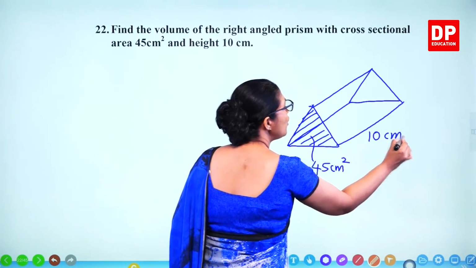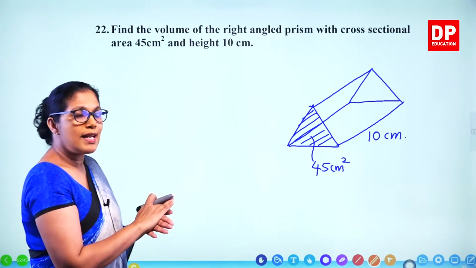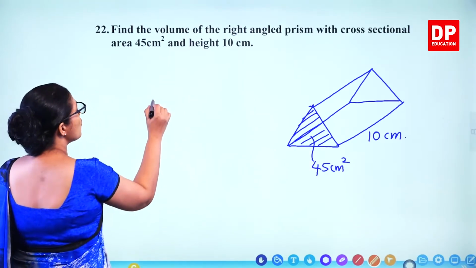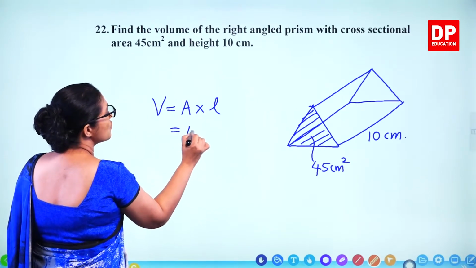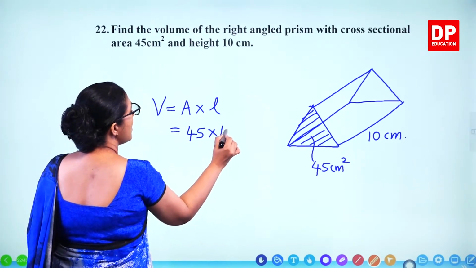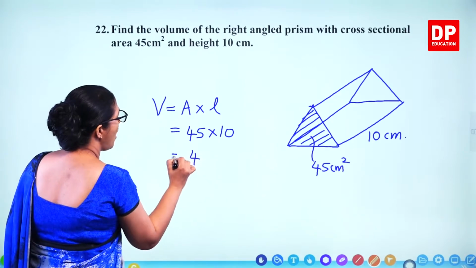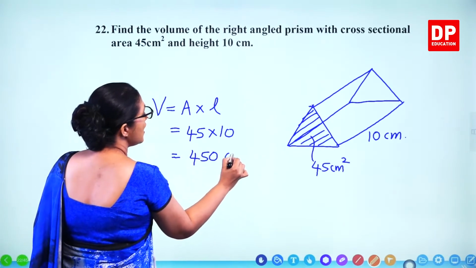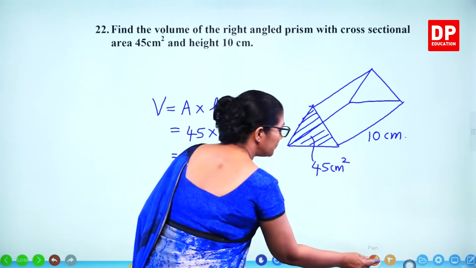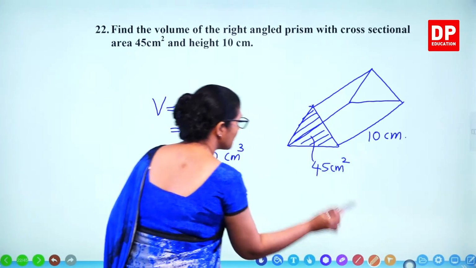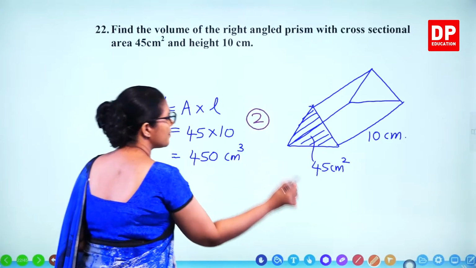What is the volume of a prism? Cross-sectional area times length. So volume is equal to A times L. A is 45 and this is 10. You get 450 cubic centimeters. Two marks.